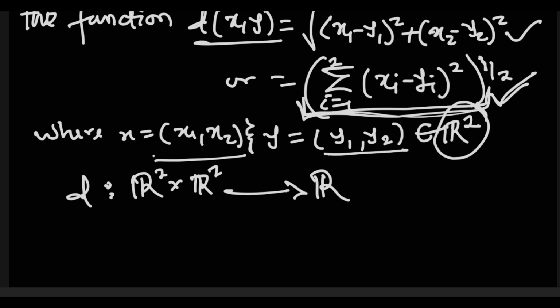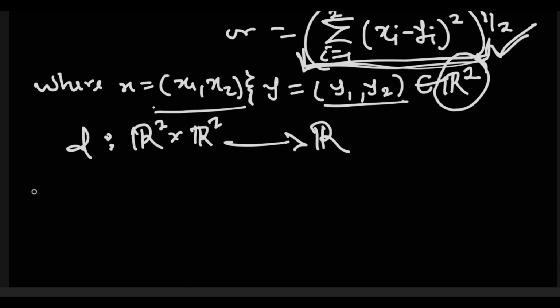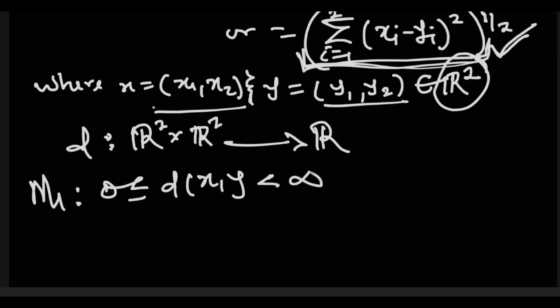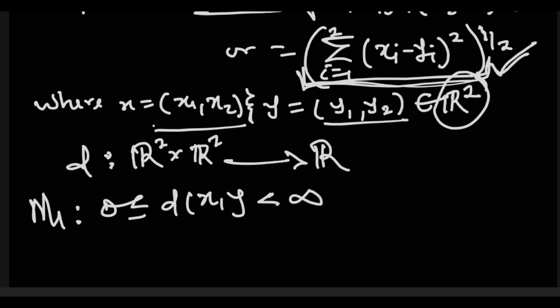All right. So remember, the first thing is to show that 0 is less than or equal to d(x,y), which is less than infinity, right? So we know that our d(x,y) is this, right?